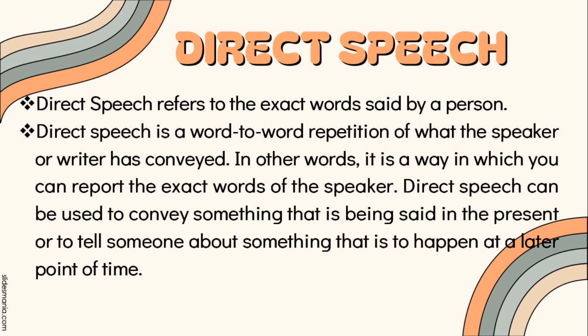In other words, it is the way in which you can report the exact words of the speaker. Okay? So direct speech can be used to convey something that is being said in the present or to tell someone about something that is to happen at a later point of time.